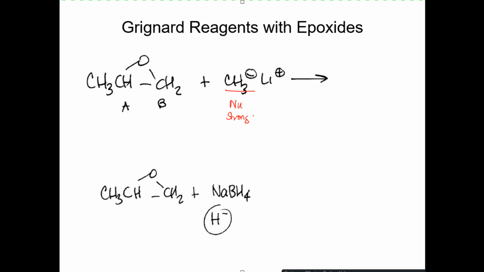Except that last semester when we opened up an epoxide, we did it by reacting it with H+ first and forming the oxonium ion, which then distributed the charge so that really what we were looking at was this.